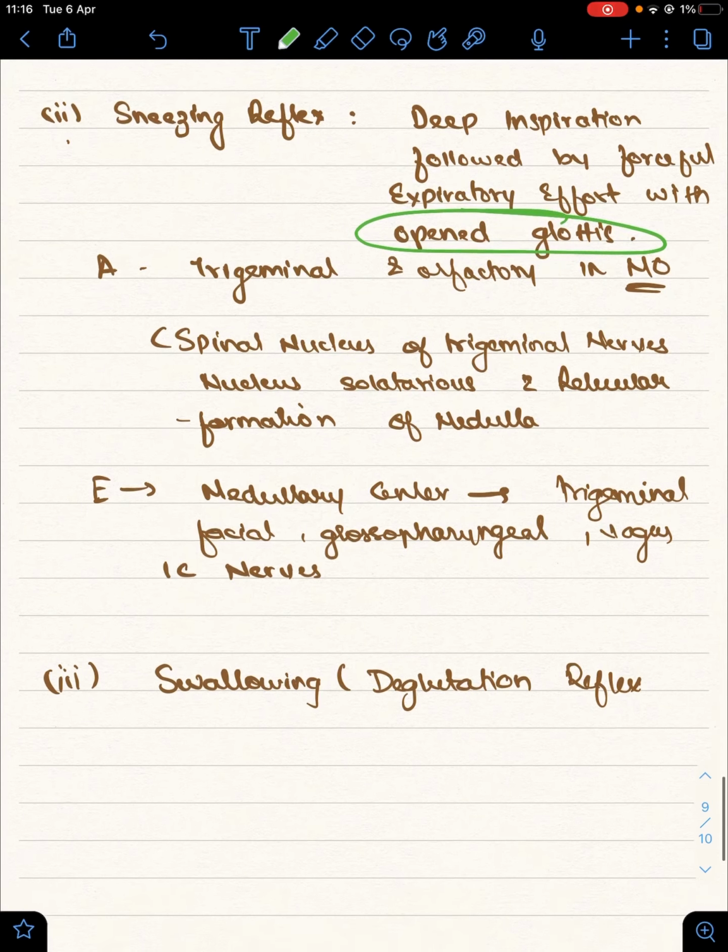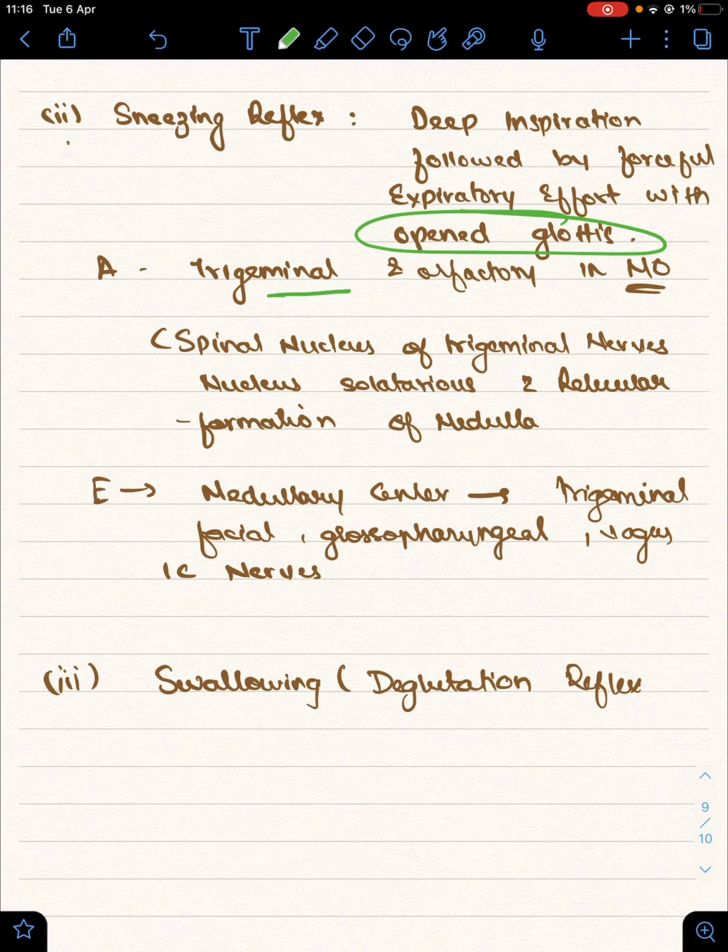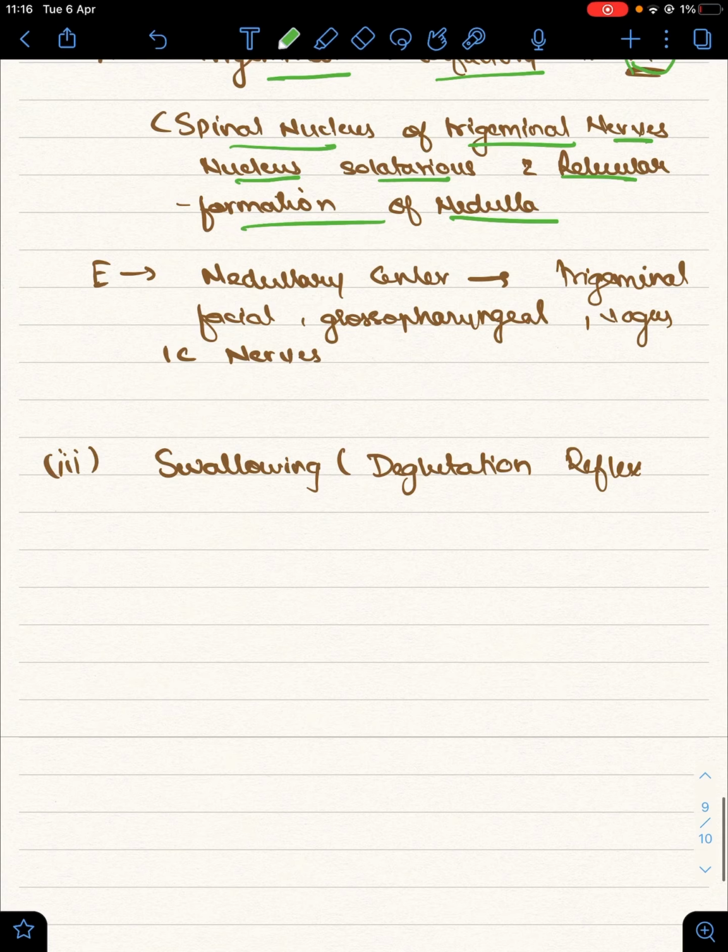The afferent pathway is trigeminal and olfactory to the medulla oblongata, involving the spinal nucleus of the trigeminal nerve, nucleus solitarius, and reticular formation of the medulla oblongata. The efferent is the medullary center, which goes to the trigeminal, facial, glossopharyngeal, vagus, and intercostal nerves.